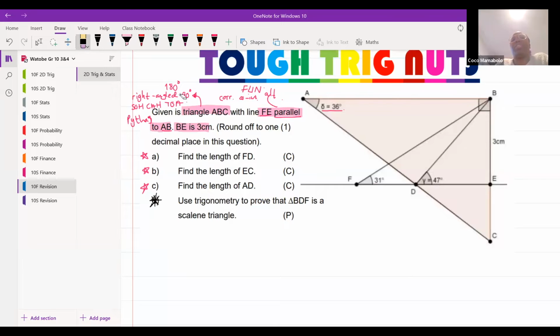Even if you don't get to the full answer, that's perfectly fine. We're going to take it a step at a time. I'm just going to add in here quickly my parallel lines.